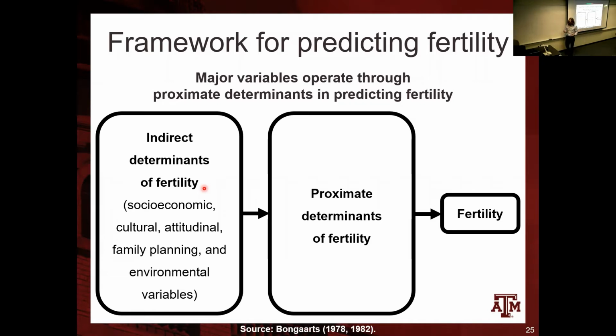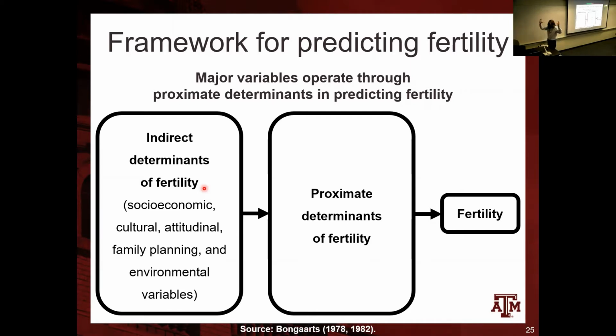In some cultures, women do want to have more children on average than in other countries. They might want to have 3, 4 children compared to other countries where women want to have around 2 children only, right?